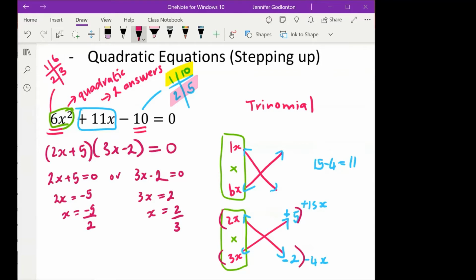Mateo, how can I help? Ma'am, is it necessary to do the crisscross method, or should we just do it aside, maybe for writing an exam or something? So what other method are you wanting to use with your trinomial? Are you meaning to show it on the page?